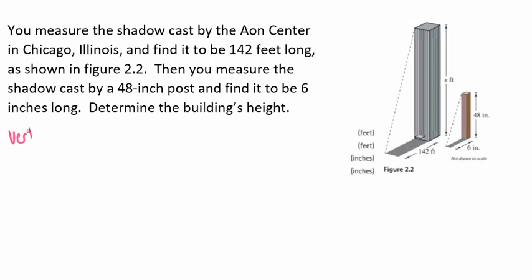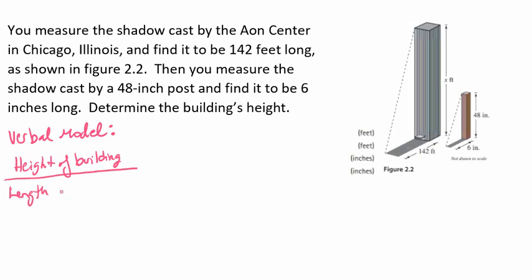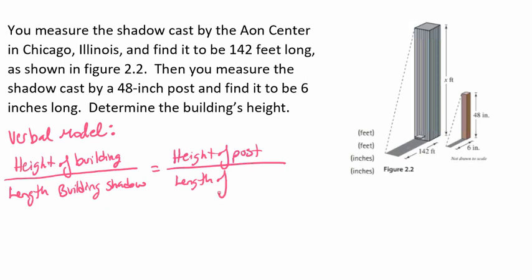So for our verbal model, we're going to see the height of the building over the length of the building shadow should be equal to the height of the post over the length of the post shadow. Not shadow post, sorry, the post shadow.